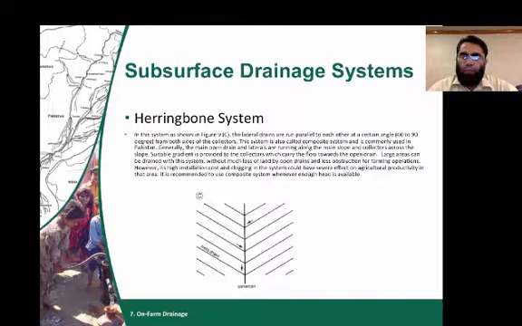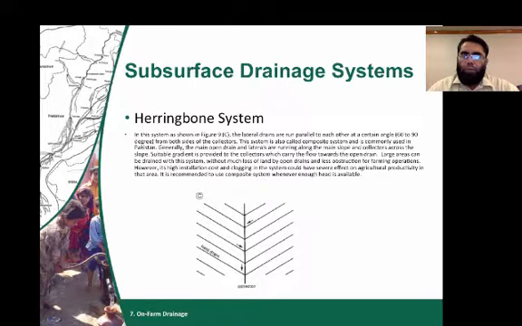Here you have field laterals, then you have a collector drain, and then collector drain basically disposes water off to the main drain. And this system is also known as composite system, and this has been used in many areas of Pakistan where subsurface drainage system was installed.